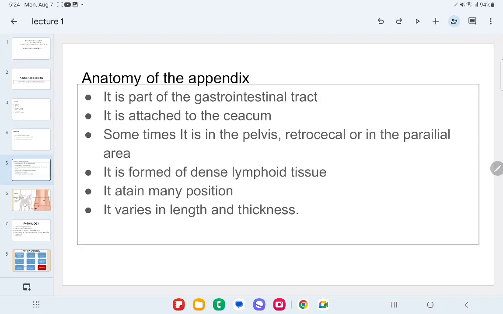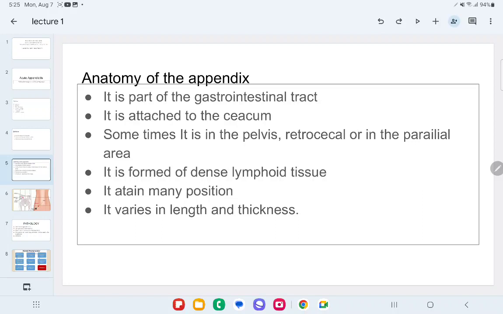The anatomy of the appendix: it is part of the gastrointestinal tract. It is a blind loop attached to the cecum, at the posteromedial part of the cecum. Sometimes it is in the pelvis, retrocecal, or in the paraileal area.